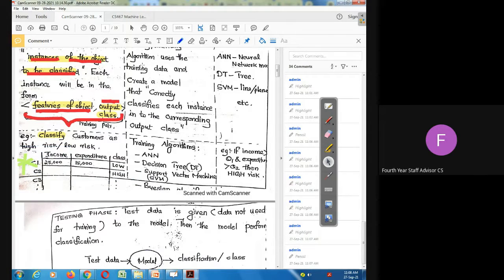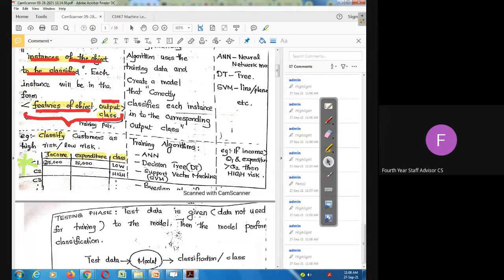Okay, based on the income and expenditure, I can classify the customers as high risk or low risk. So the income and expenditure are the features of the customer, and there will be a class label attached.